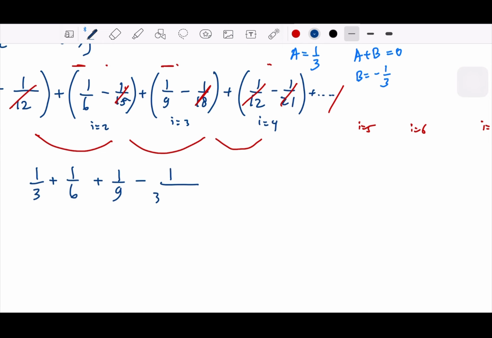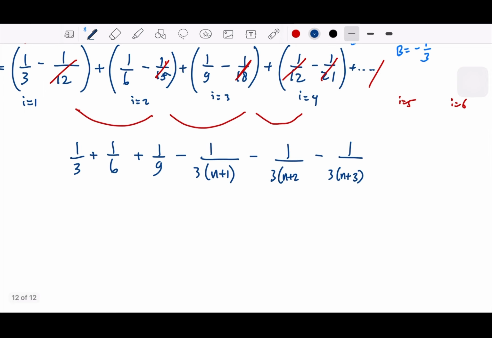It will be 3n plus 1 minus 3n plus 2 and minus 3n plus 3, and take the limit as n approaching infinity, and you will see that you will get 0 for the last 3 terms.